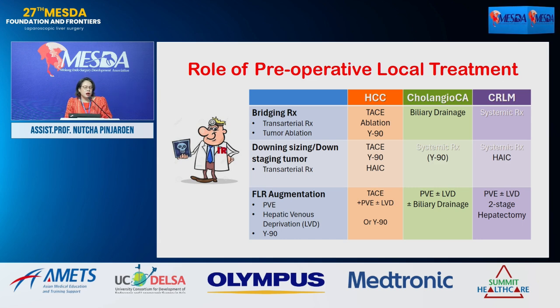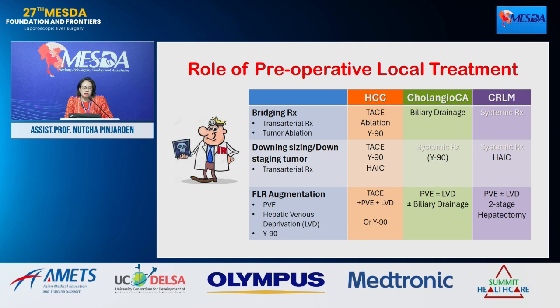For cholangiocarcinoma, if the patient presents with obstructive jaundice, usually we require biliary drainage preoperatively, and then maybe downsizing with systemic chemotherapy, with or without that. Sometimes Y-90 can be a preoperative treatment for localized disease or intrahepatic cholangiocarcinoma as well.